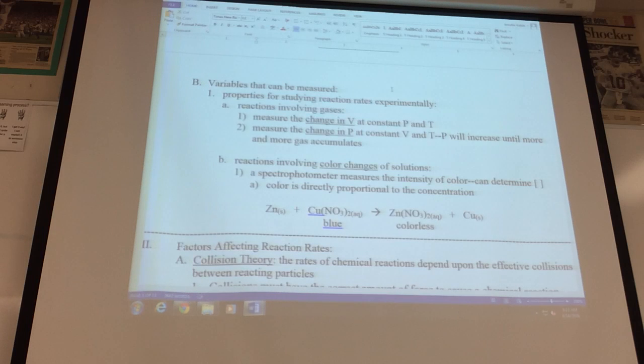Okay, we're back. All right, so we've talked about how to write rate equations and how to solve them, and we always did it looking at a change in concentration over a change in time. There are other variables that you can look at. For example, with gases, you might look at changes in volume or pressure. That's not something we do in a high school laboratory, so you will not be assessed on it in any regard.